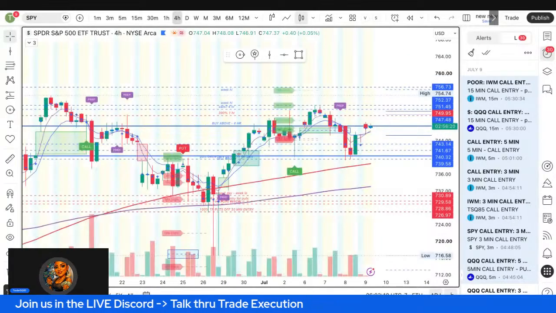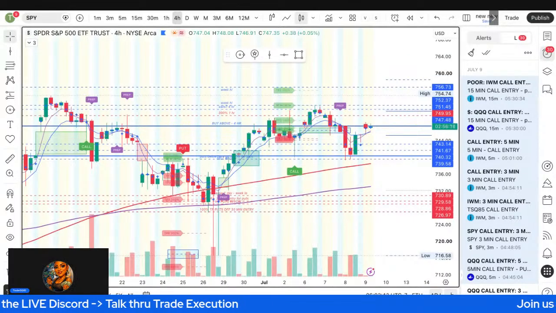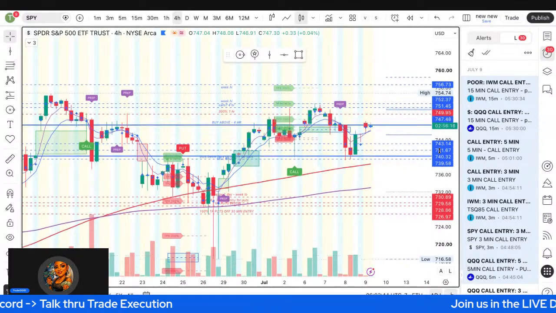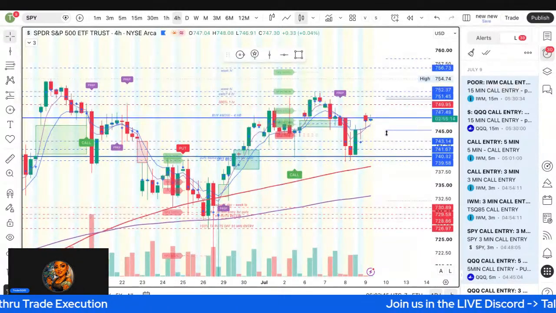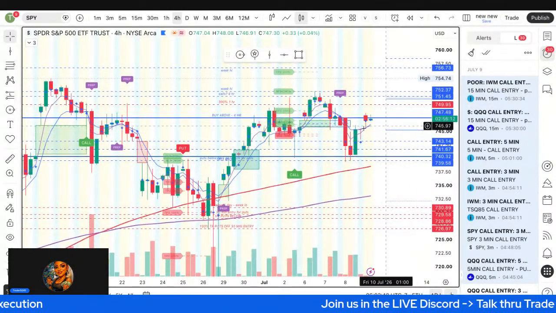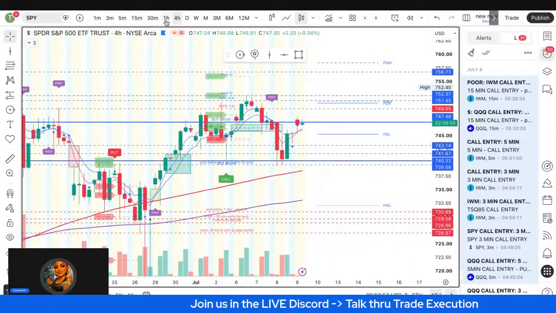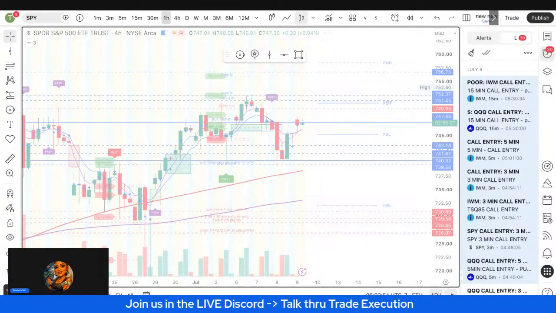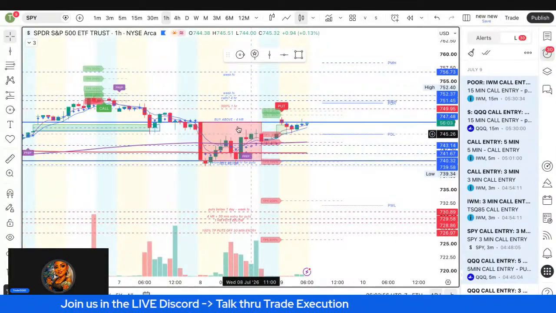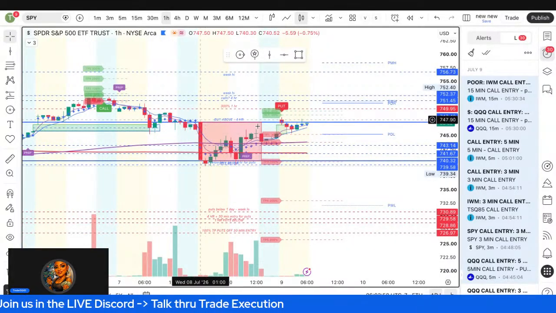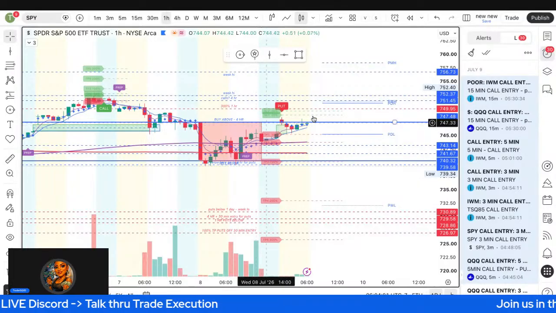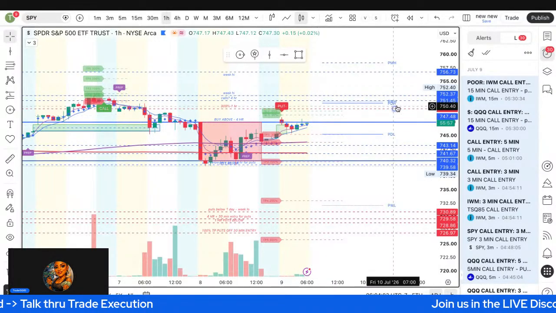I'm going to come back to this 1 hour, to this 4 hour here. It looks like we're recovering and wanting more upside. On the 1 hour, we are in a bearish block, so I'm going to continue to keep this. If we break above, then we can look for calls to the upside.